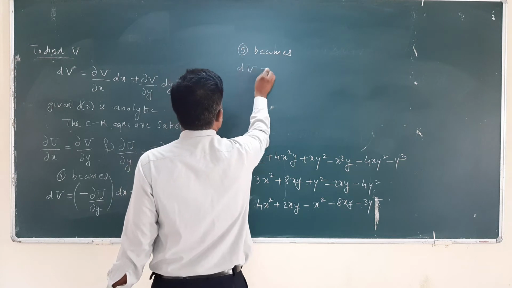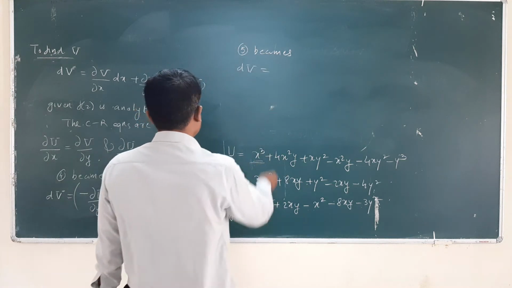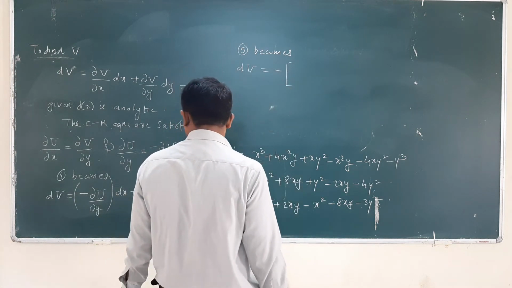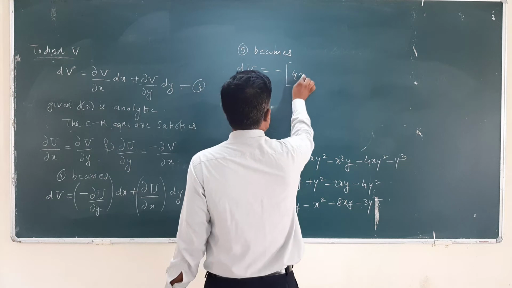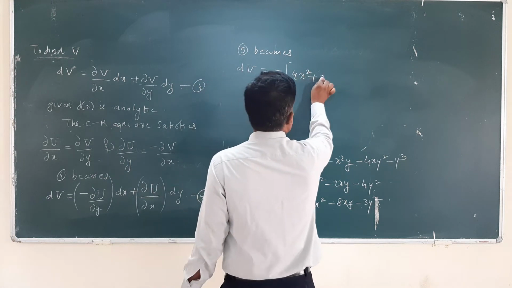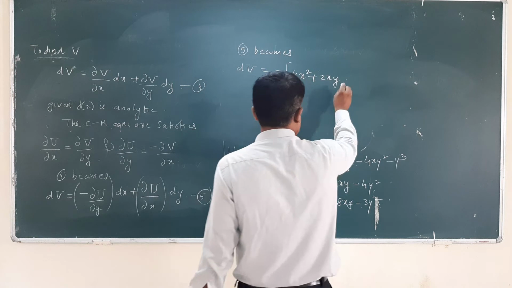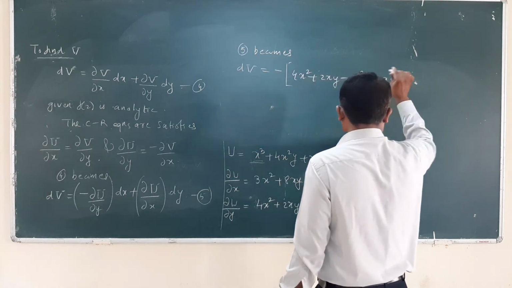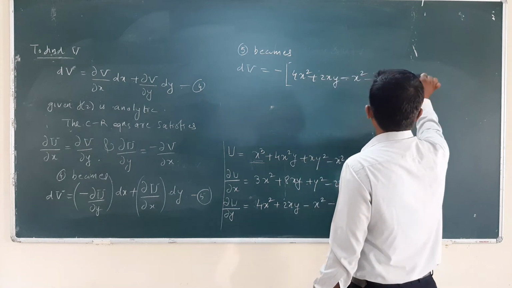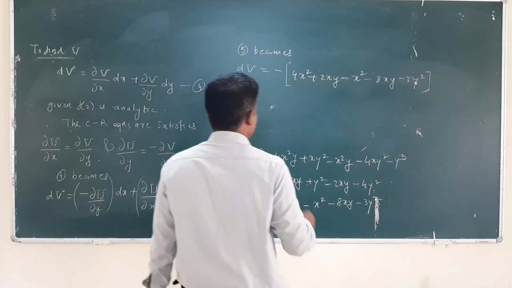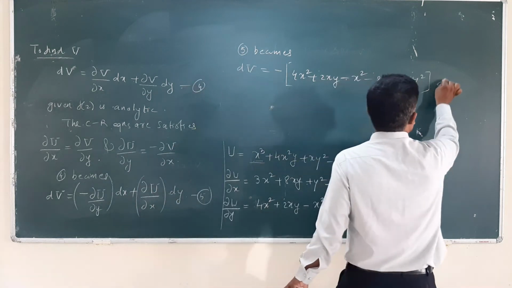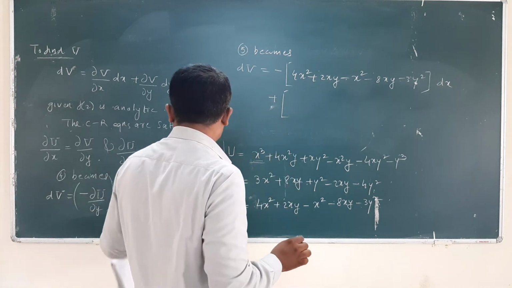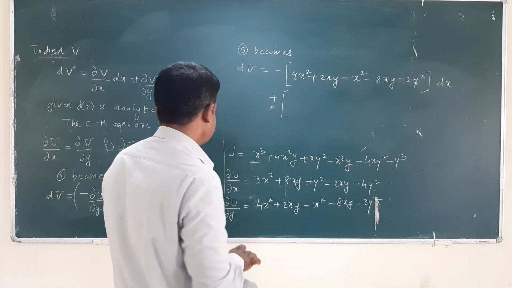dv = −, so I write minus as it is, ∂u/∂y, that is (4x² + 2xy − x² − 8xy − 3y²) dx + ∂u/∂x.